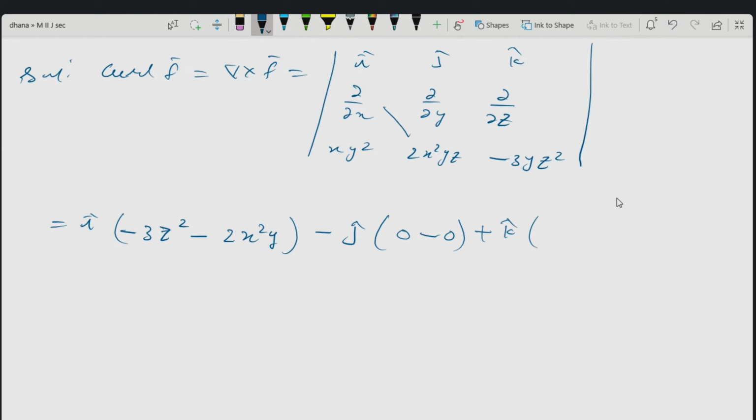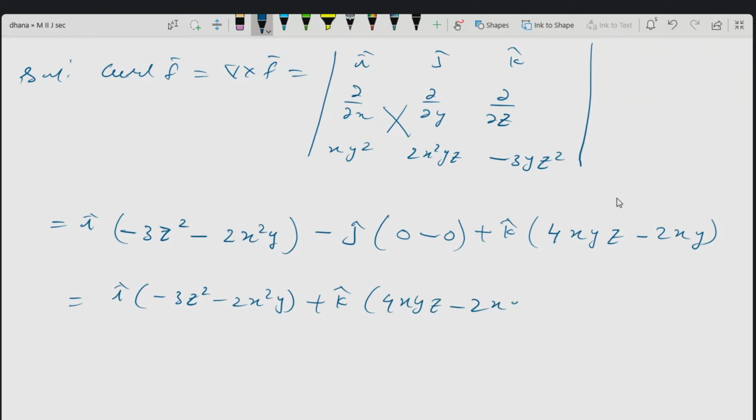Now for k cap, these two need to be solved. With respect to x, I need to differentiate. So that will be 4xyz minus 2xy. Correct? Yes, ma'am. So overall, the result is i cap times (minus 3z square minus 2x square y). j is not there. Plus k cap times (4xyz minus 2xy).